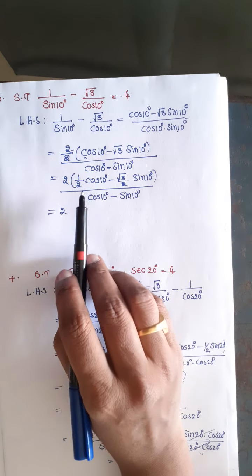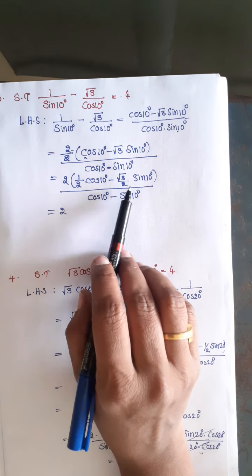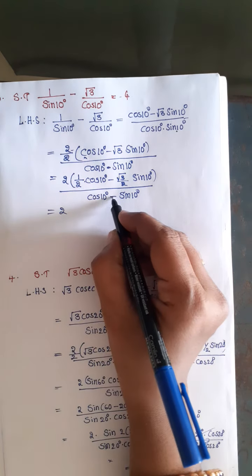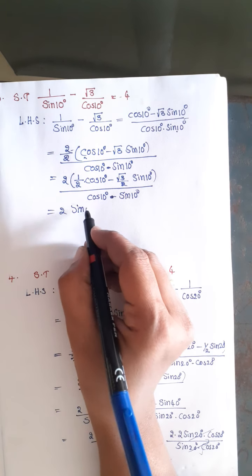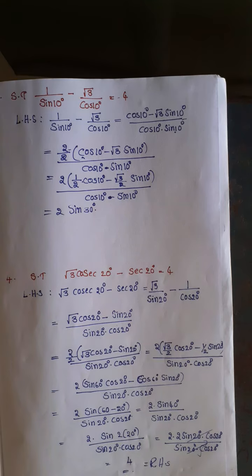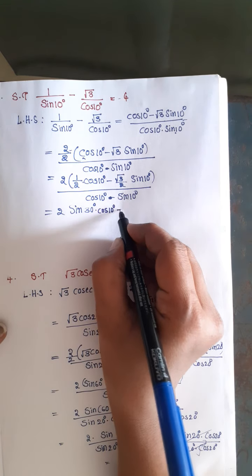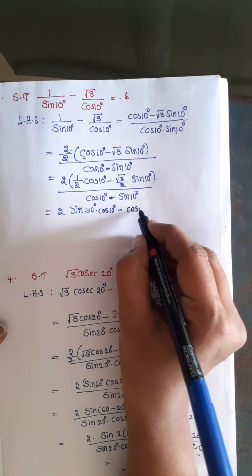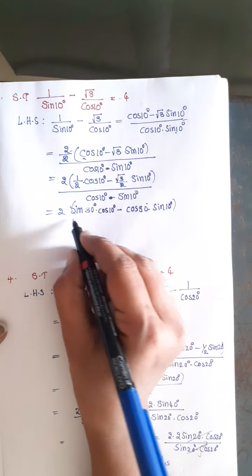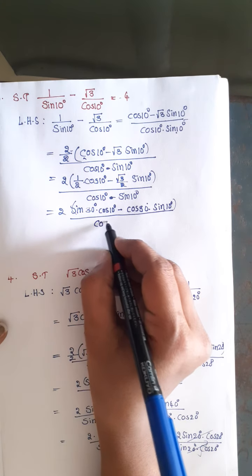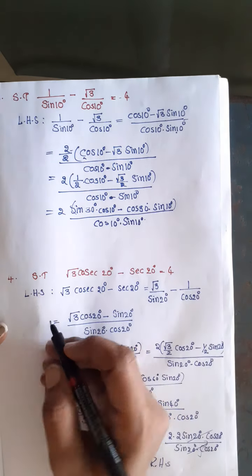Here if you observe 1 by 2 and root 3 by 2, if I take in terms of sin 30 degrees, this is sin 30 into cos 10 minus cos 30 degrees into sin 10, by cos 10 degrees into sin 10 degrees.